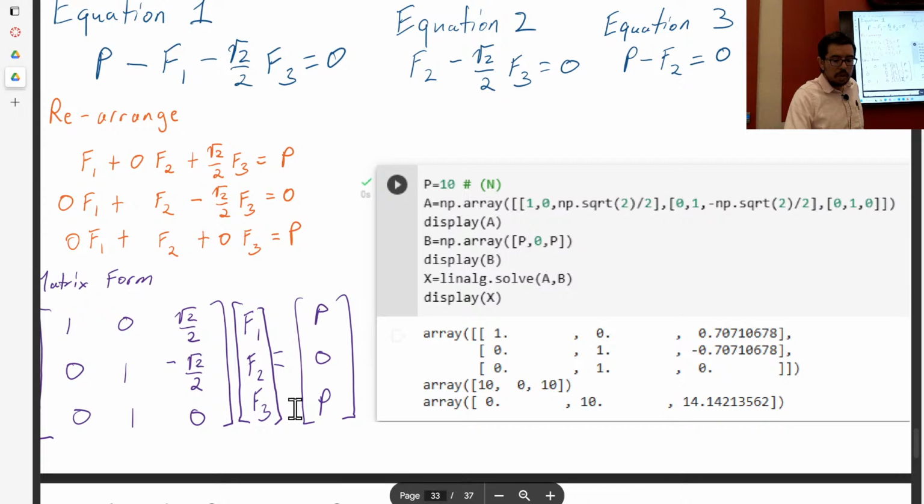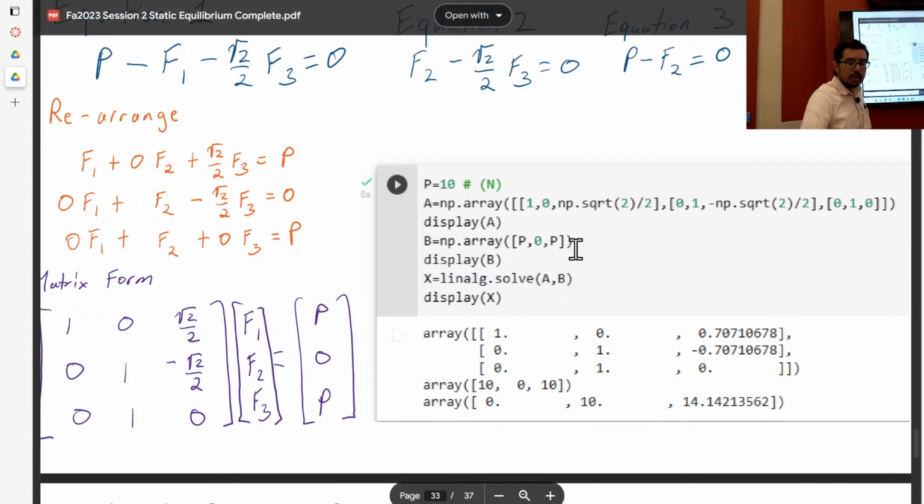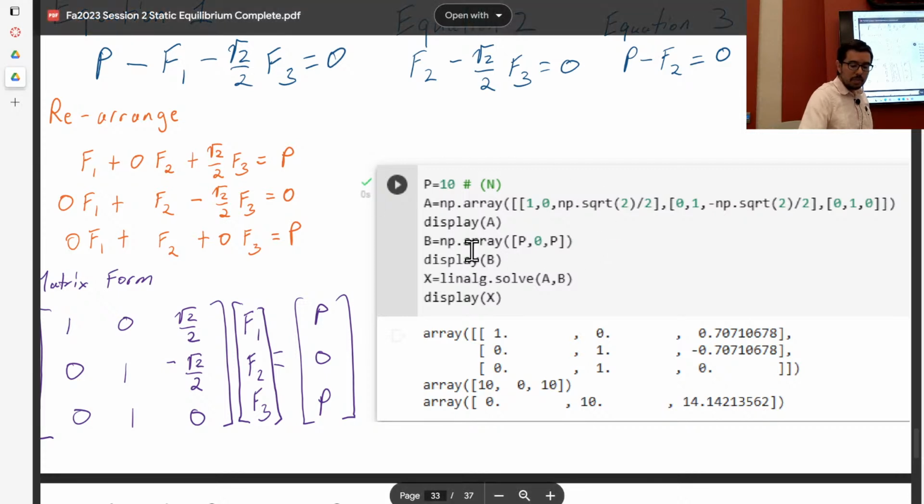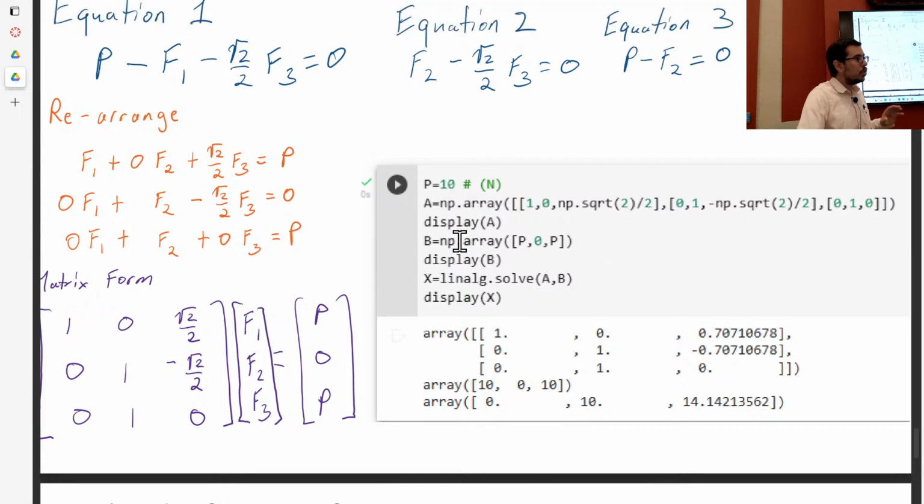Now, if you want to shortcut this, I've provided completed code so you can calculate the forces in the members of this particular truss, if you run Colab.